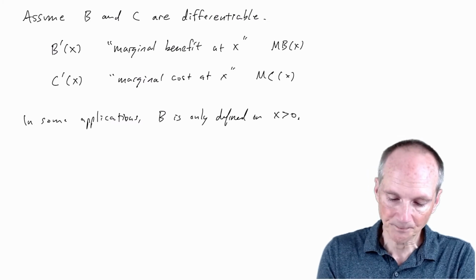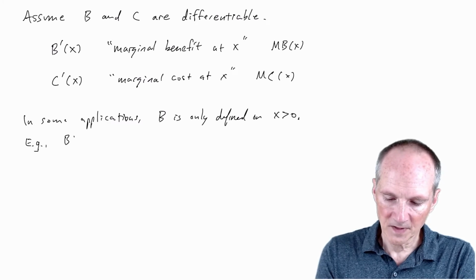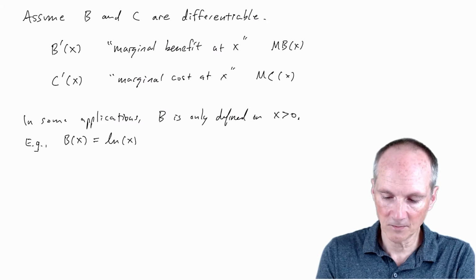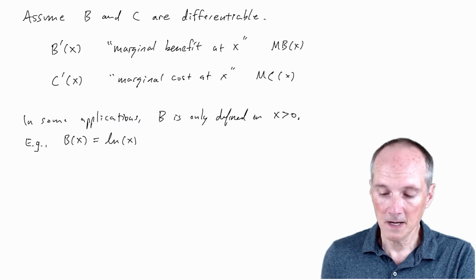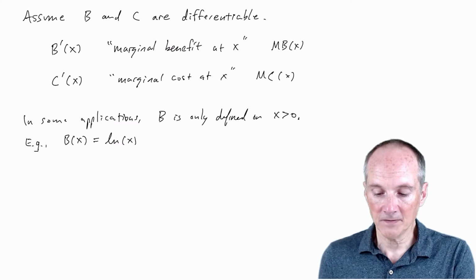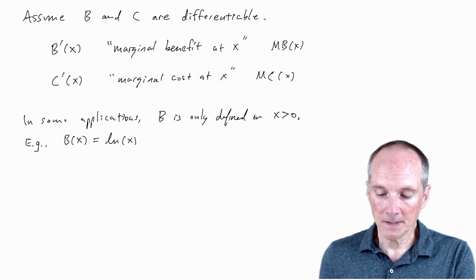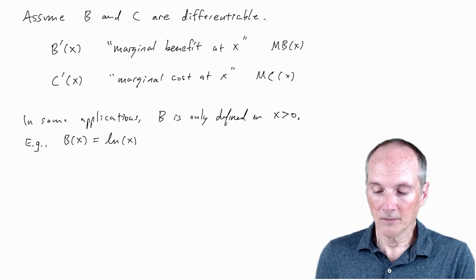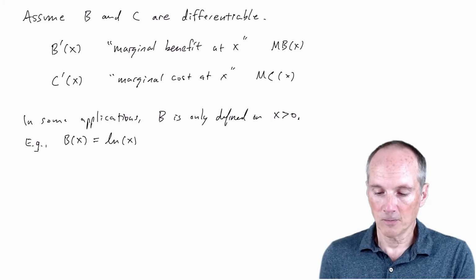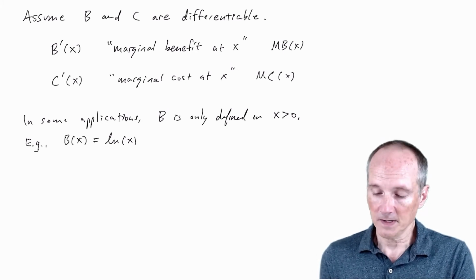For example, suppose the benefit function has the natural log form. That's kind of nice to work with in some applications. The natural log function is only defined for positive x. That's okay. For what we're doing, we can admit those functions as well.